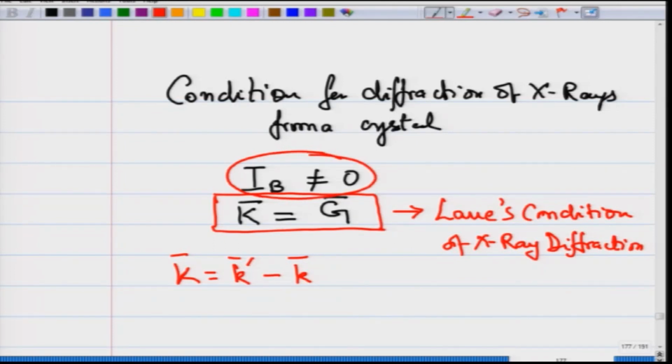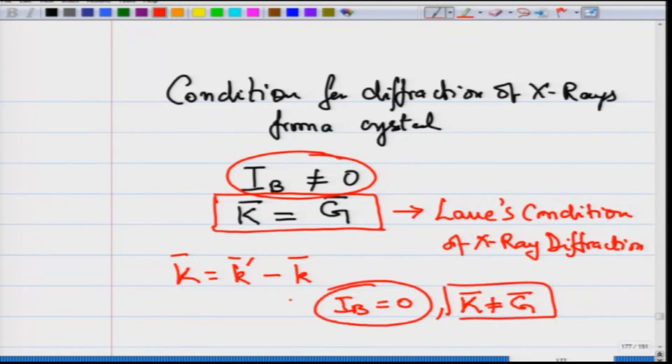Namely, I will get a finite bright point at that location, and intensity at that point will be equal to 0 if the scattering vector is not equal to this. Namely, I will get no intensity, or the average intensity at point B will turn out to be 0 if the scattering vector is not equal to your reciprocal lattice vector, and we will see the interpretation of this in the next lecture.